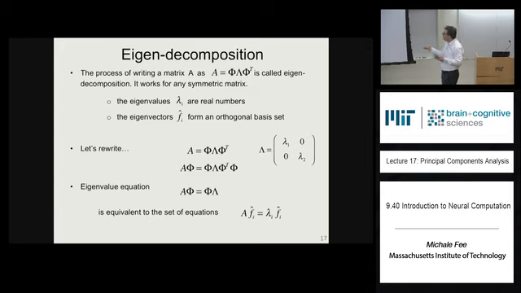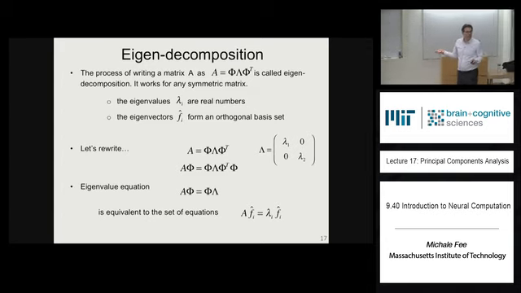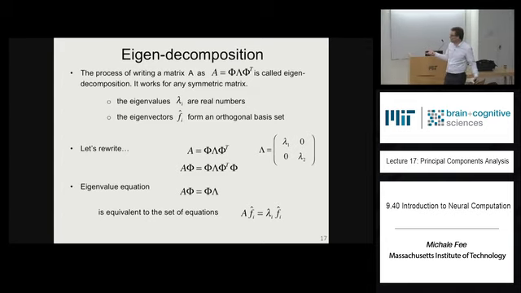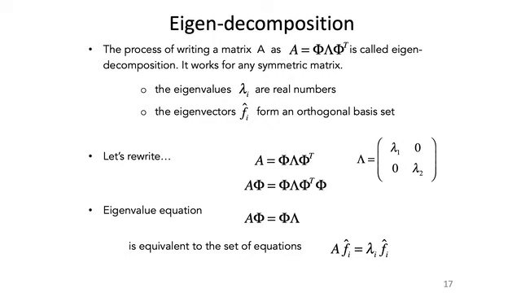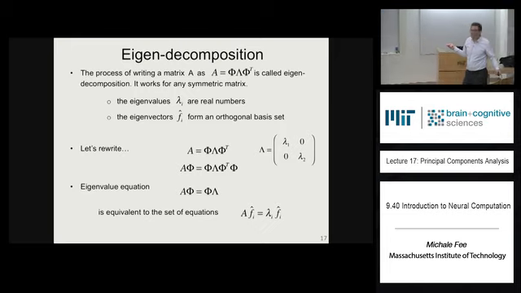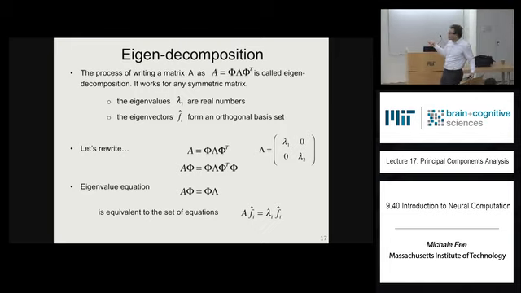If you see an equation like that, you'll know that you're just looking at an eigenvalue equation. Now, in general, when you want to do eigendecomposition of a symmetric matrix, it's really simple.